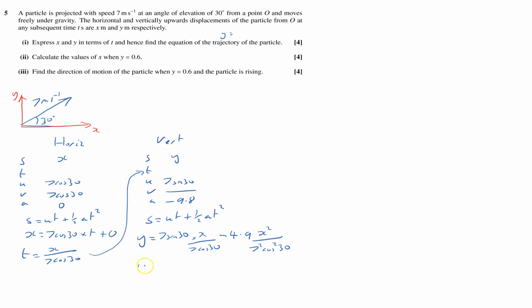I can simplify that. y equals, 7 and 7 will cancel out, so that'll be x tan 30, and then minus 4.9 x squared over 49 cos squared 30.